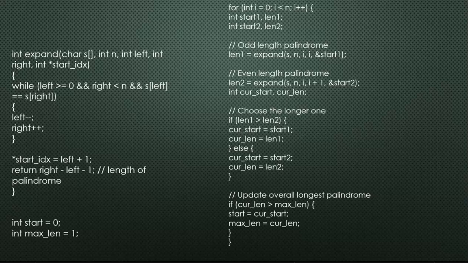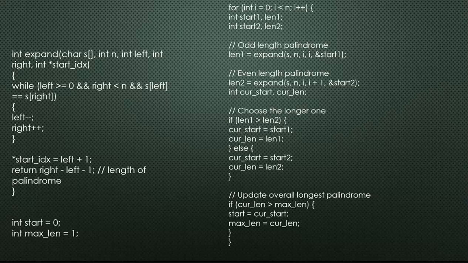So the main logic is you have 2 variables, start and max length, which keep track of the starting position and the length of the longest palindrome found so far. Again, you can see, for each index I, the algorithm calls expand twice. One for I, I, and the other for I, I plus 1, as we have already discussed.